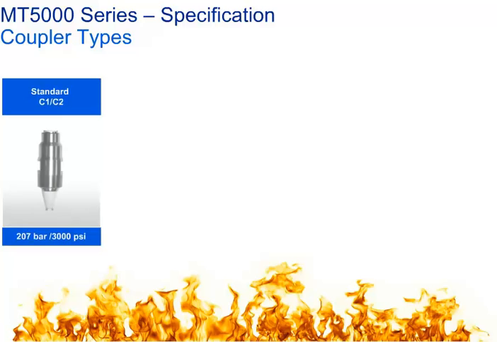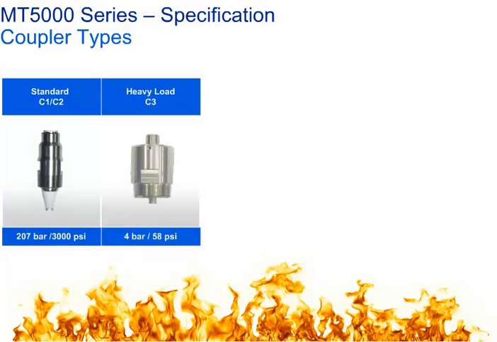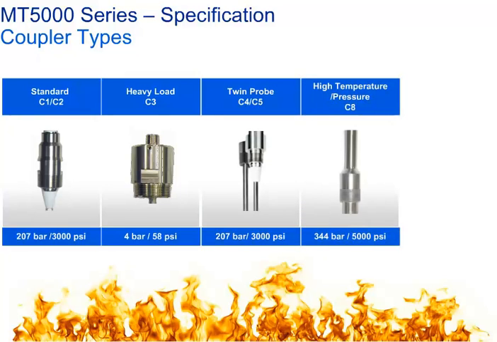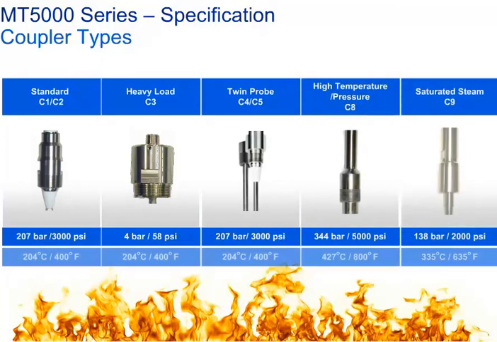ABB K-Tech can supply couplers to go to pressures above 5000 psi to vacuum and temperatures from -60 degrees Fahrenheit to 800 degrees Fahrenheit. These coupler designs can be supplied in a variety of materials, such as the standard 316 stainless steel, Hastelloy C276, Monel 400, and more.